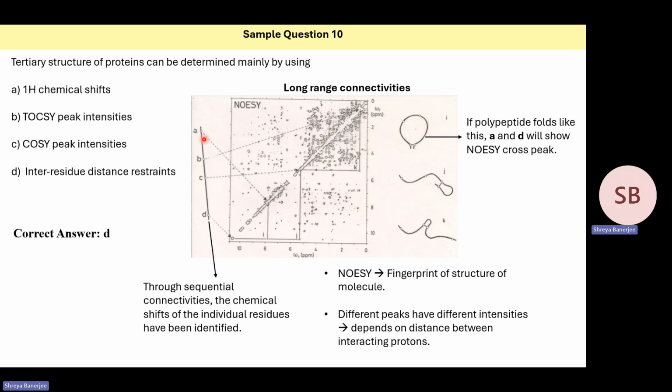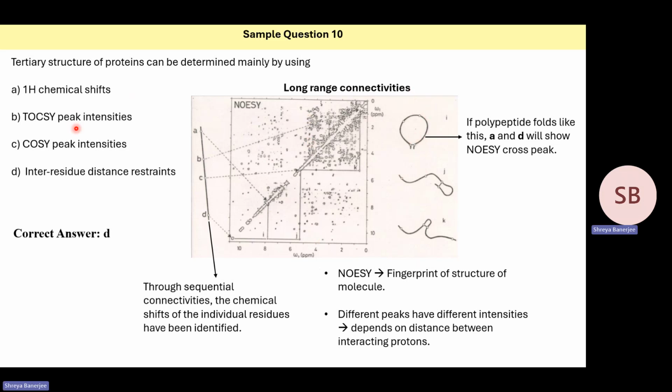If we have a protein where the sequential connectivities have already been established, and suppose the protein is folding in this manner, then we will see NOESY between A and D. If the protein is folding in this manner, we will see NOESY between C and D. And if the protein is folding in this manner, we will see NOESY between B and C. So depending on the NOESY, it will help us find out the tertiary structure.